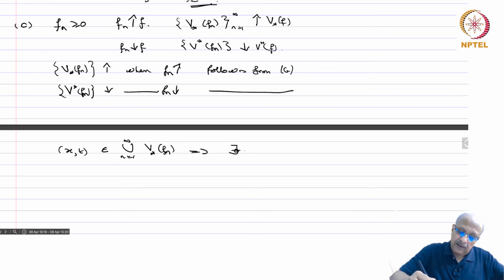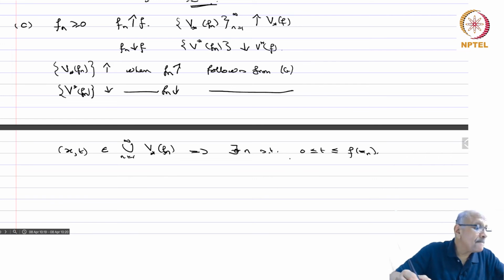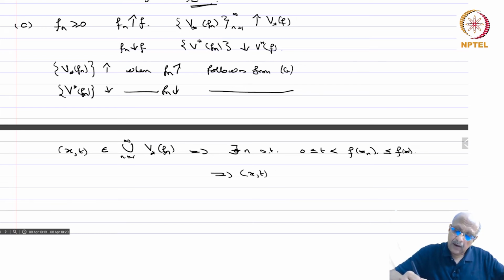There exists an n such that 0 less than or equal to t less than or equal to f_n of x. But that goes to f of x. So sorry, this is strictly less. That means (x, t) belongs to V sub star of f.